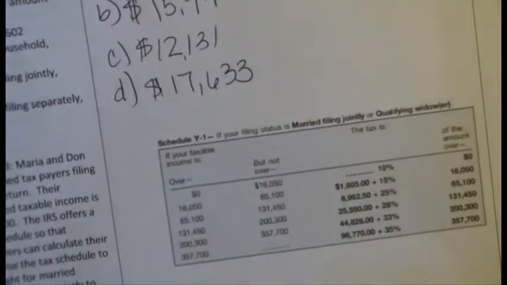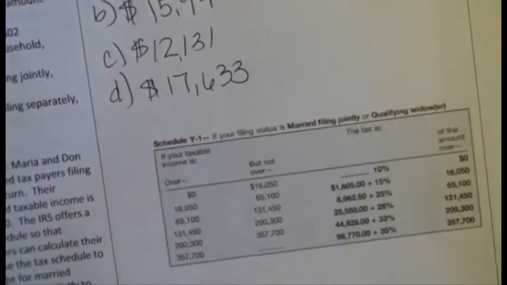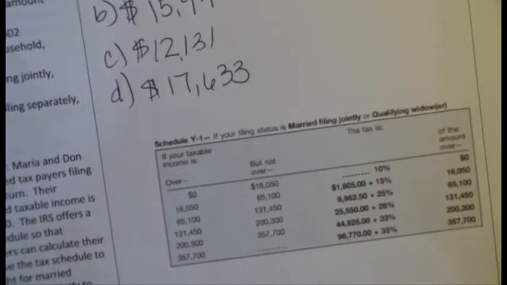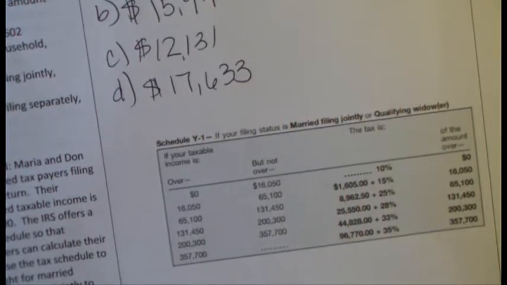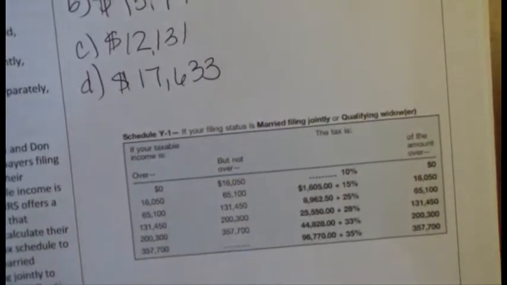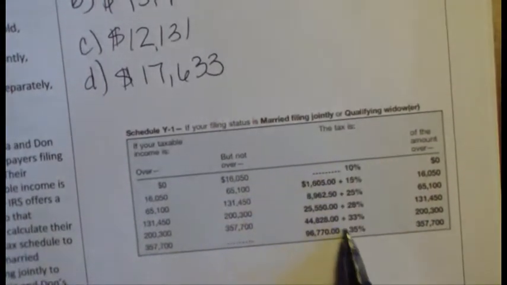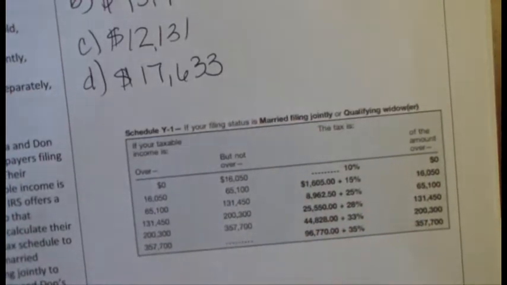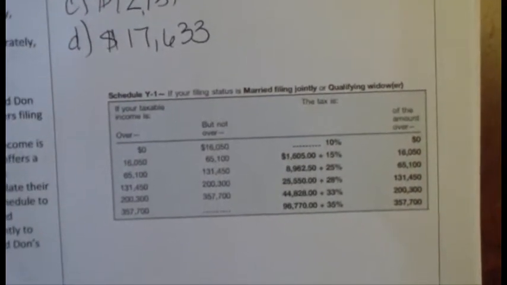All right, so if you look at your tax schedule, it basically has the intervals just like your tax table does, but instead of giving you the tax amount, it tells you how to calculate it. So that's what this right here is telling you, how to calculate your taxes. So first thing we have to do is figure out which interval we're in.